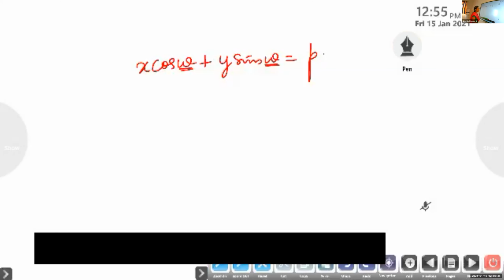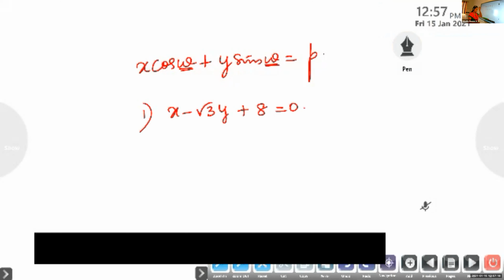The equation is x minus root 3y plus 8 is equal to 0.